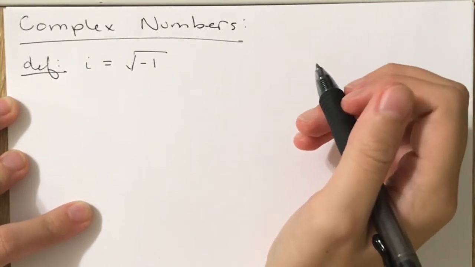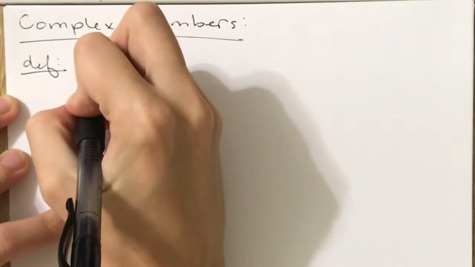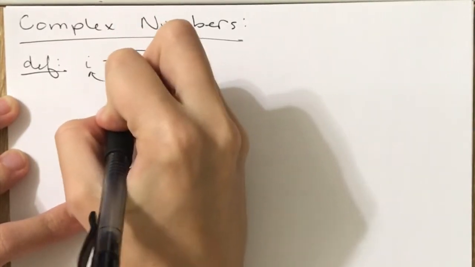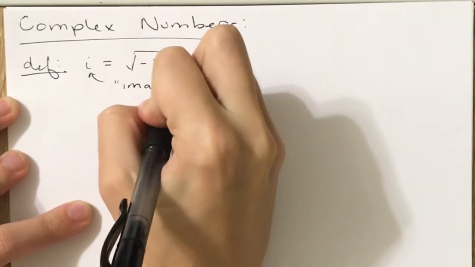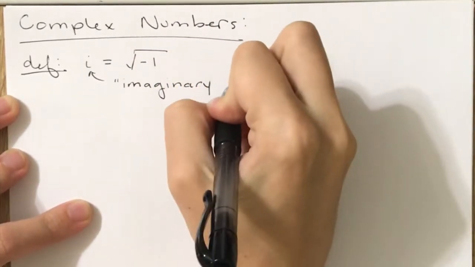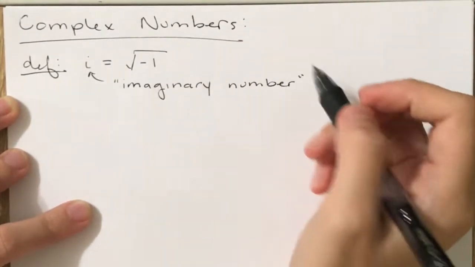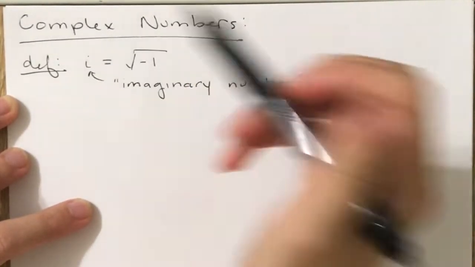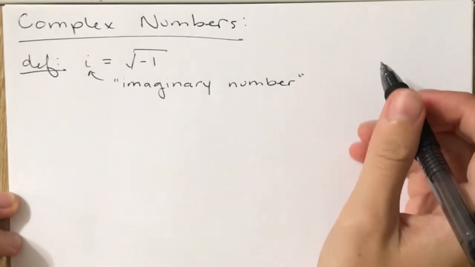Well, today we're going to learn how to take the square root of a negative number. This i is what we're going to call an imaginary number. Right? So we can take the square root of a negative, but it's imaginary. We'll see how this unfolds.